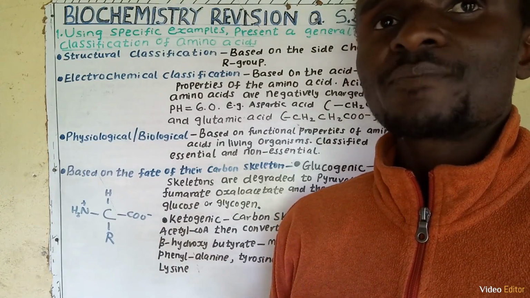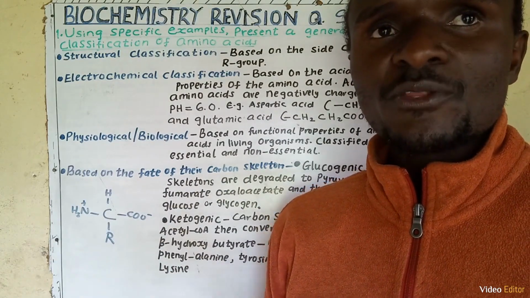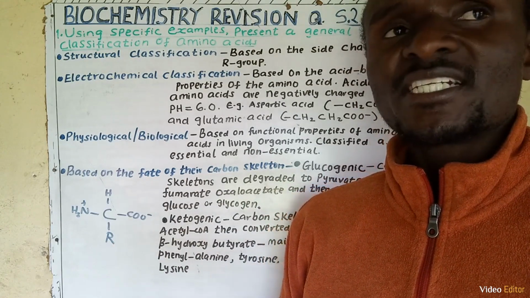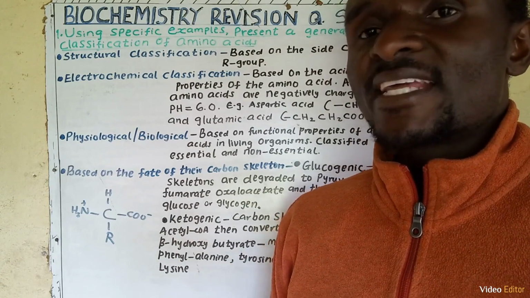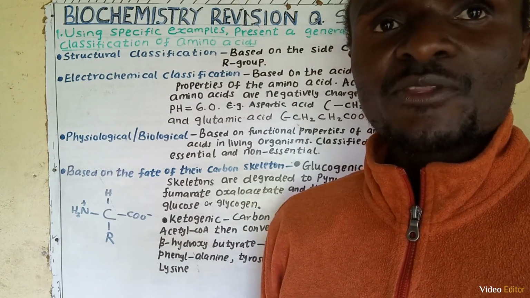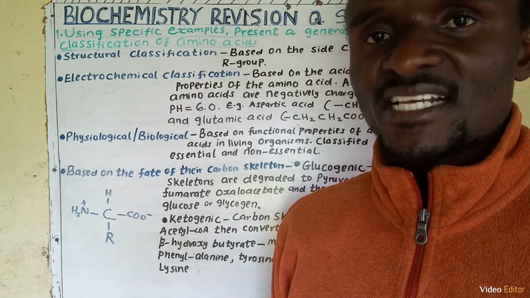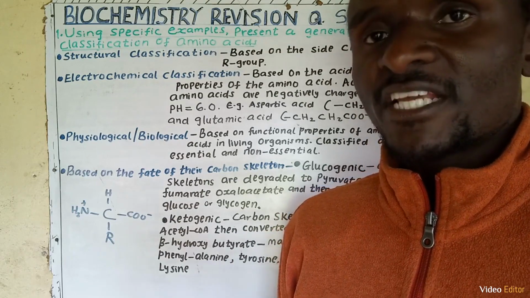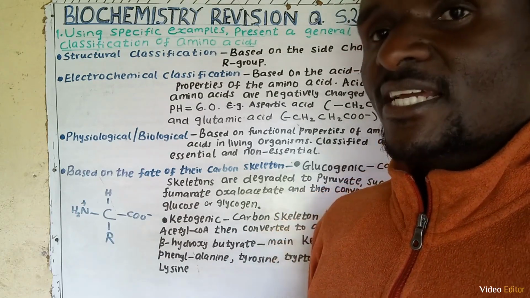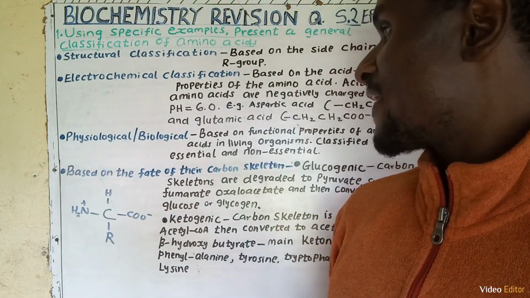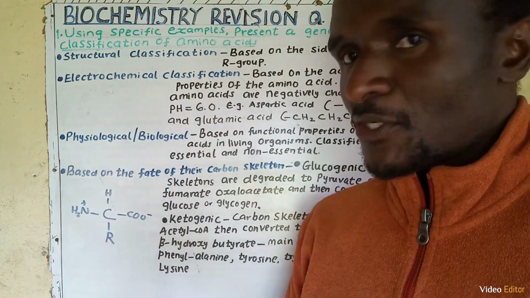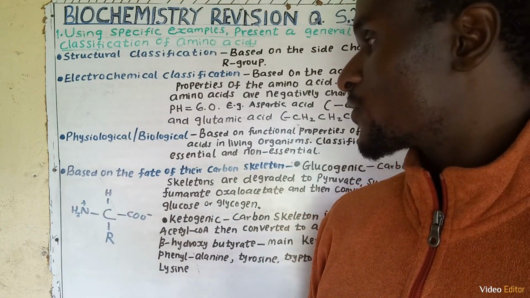Essential amino acids are those that the body cannot easily synthesize, so they are required to be provided in the diet. Whereas the non-essential amino acids are those that can easily be synthesized by the body, and therefore they are not necessarily put in the diet. So that is based on the physiological or biological role.